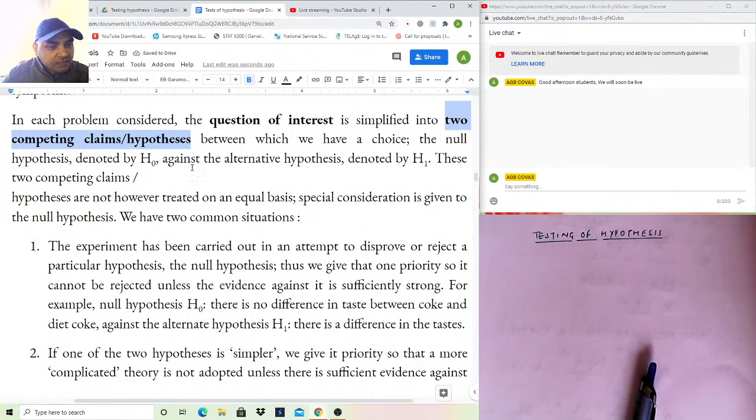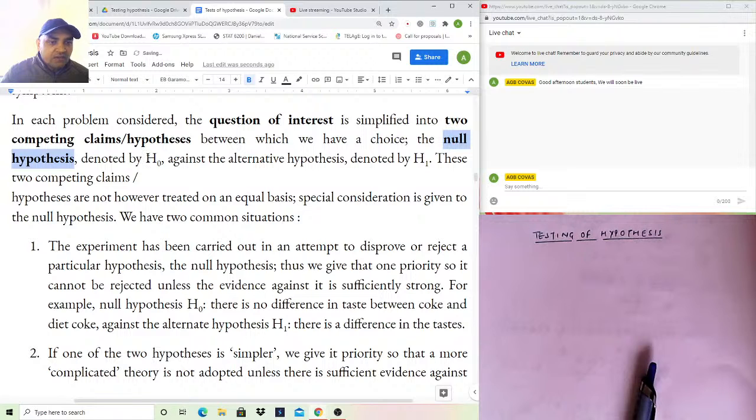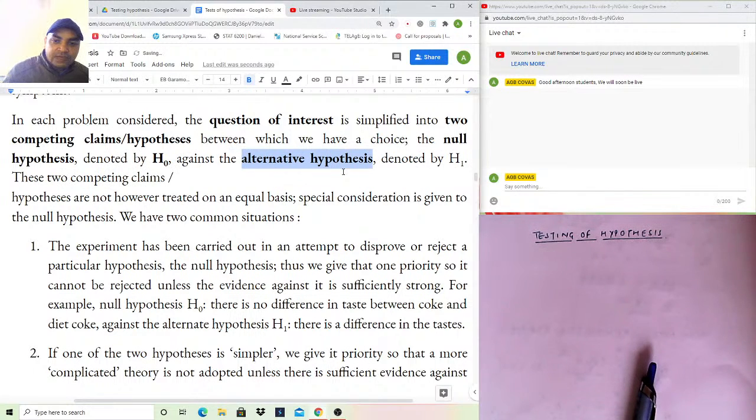One will be the null hypothesis, which is denoted by H naught, and the other will be the alternate hypothesis, which is denoted by H1. So what we do is simplify our statement or question into two types of hypothesis. One will be the null hypothesis and the other will be the alternate hypothesis, that is, against the null hypothesis.